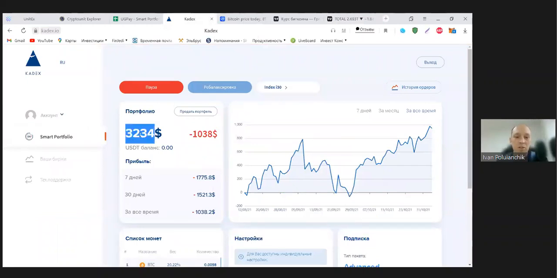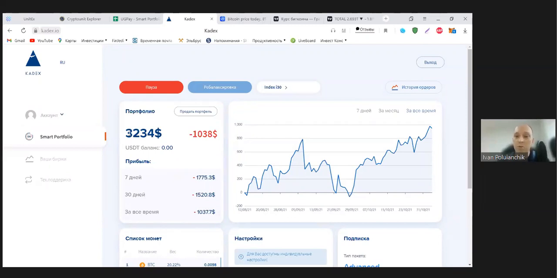Please look. Now we have 3,234. This is the balance. And we see 1,039 as the loss. Don't be scared. If you top up the balance of the exchange and then you transfer it, Smart Portfolio could view it as your loss.